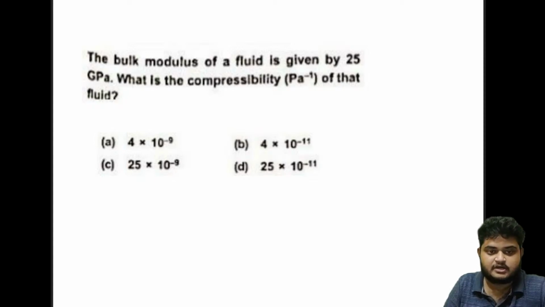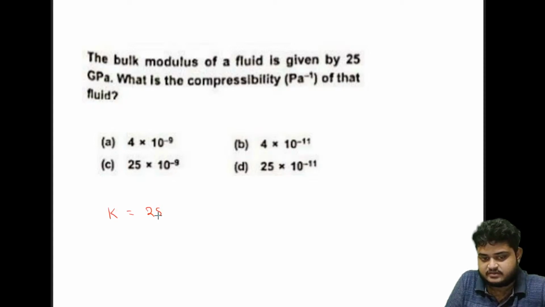It is given that bulk modulus of fluid is 25 gigapascal. What is the compressibility? So K is 25 gigapascal. What will be beta? It will be 1 by K, obviously.